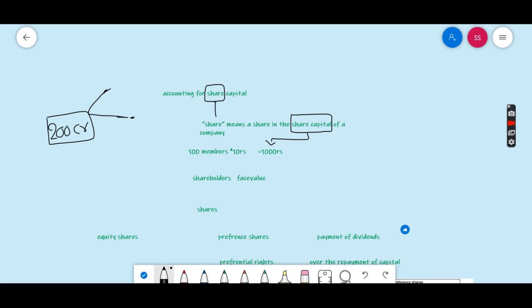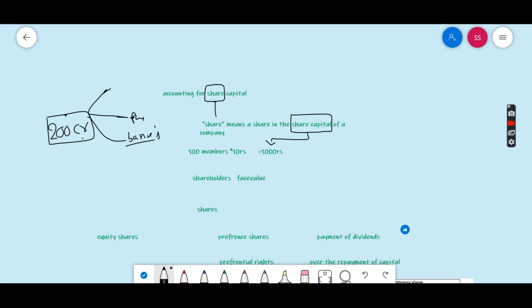If your partners are able to contribute this much money, then you can start a partnership, or you can go to the banks. But for banks you need to show some security, otherwise they won't grant a 200 crore loan for you, right?